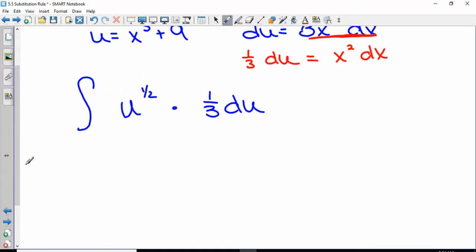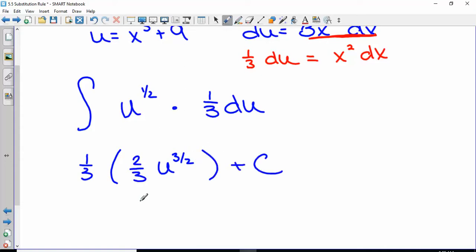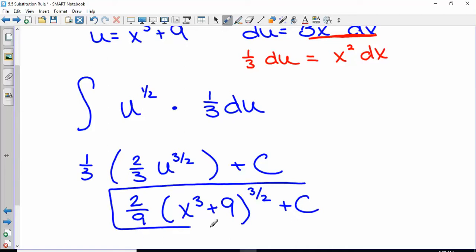Now, does a 1/3 change anything? No, it's just the coefficient. So we need to pull that out in front. Add 1 to the power, so u to the 1/2 plus 1, 3/2, and we put 2/3 in front, plus c. So this is 2/9. My u was x cubed plus 9, to the 3/2 plus c.